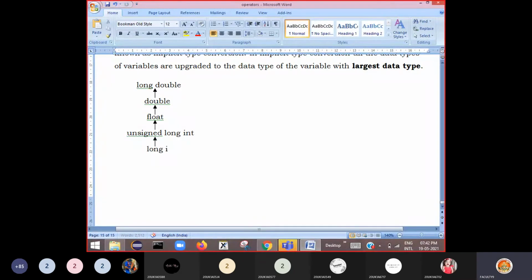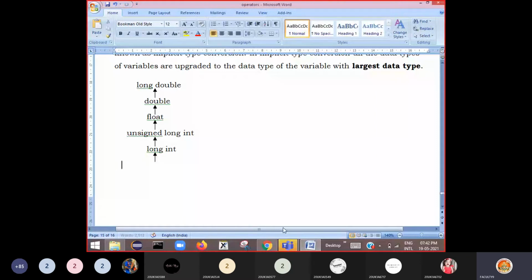Then long int will be upgraded to unsigned long int. From bottom to top, you have to look at these, lowest type to highest type upgraded.